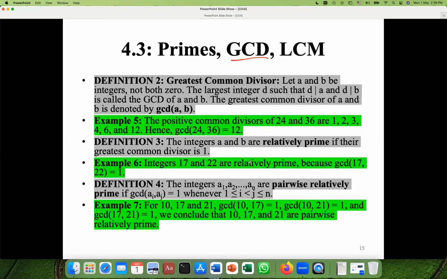So GCD, what is GCD? The word is greatest common divisor. You will be given 2 numbers or maybe 3 numbers, but the normal definition is with 2 numbers.